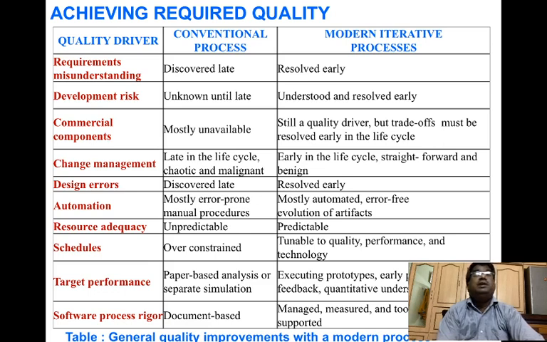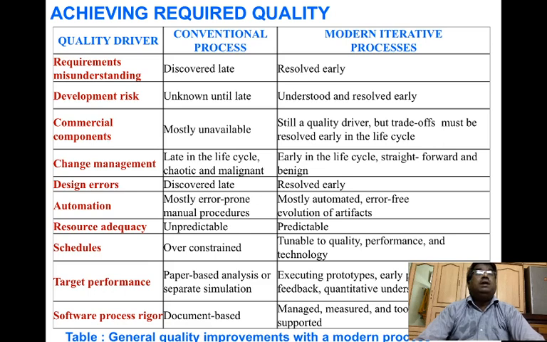In that period, software companies followed conventional software development methods. After 2000 onwards, most software companies follow modern development methods. In this slide, you are going to learn both conventional process and modern process with the quality drivers.